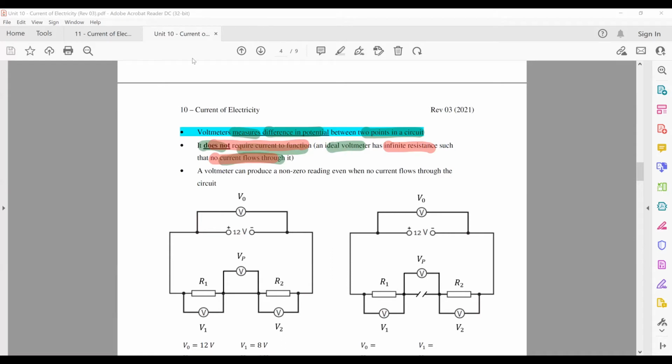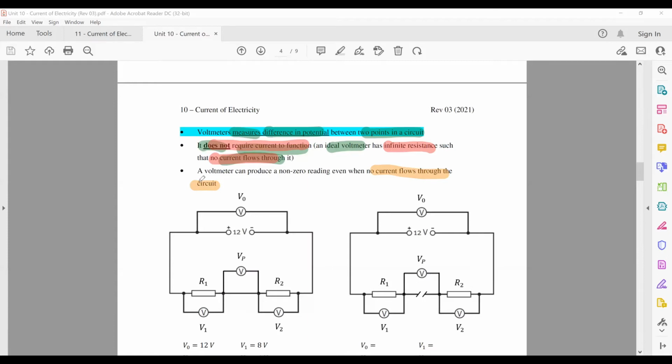Now that being said, I say that a voltmeter does not need current to function. It doesn't necessarily always mean that when there's no current flowing, you're going to get 0 reading in your voltmeter. This one here is actually quite important to know. If there's no current flowing through your circuit, it won't always be the case that your voltmeter reading is 0.